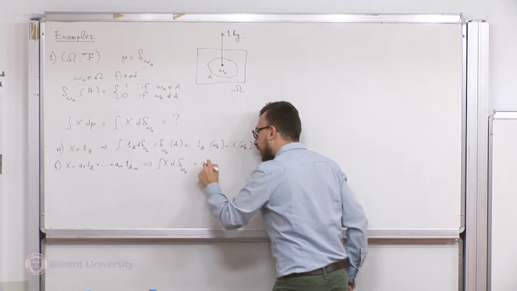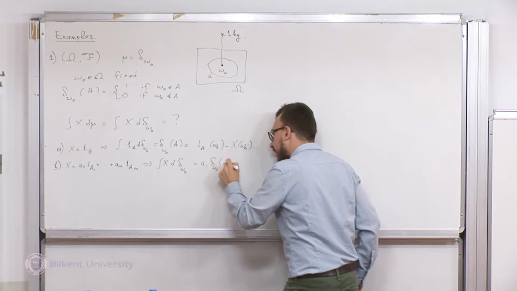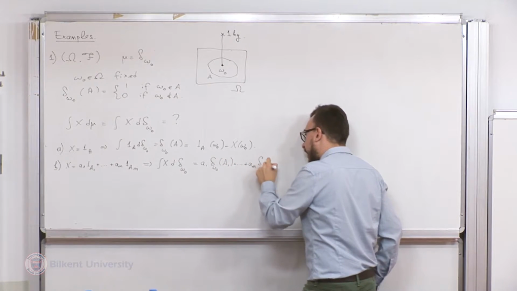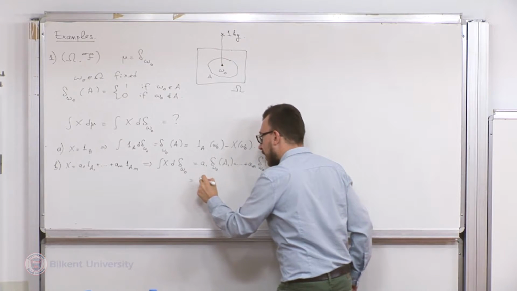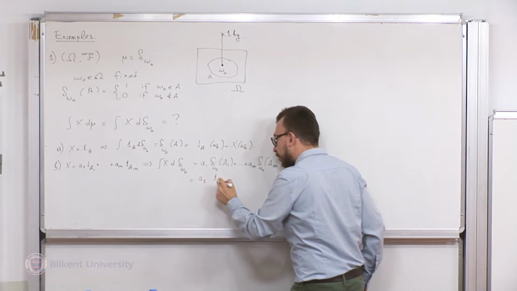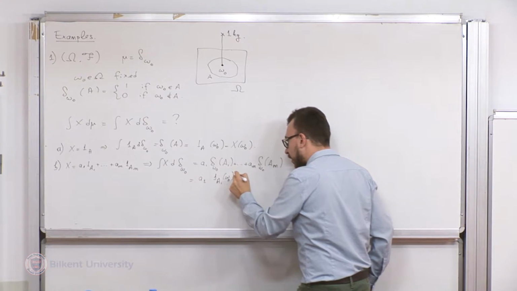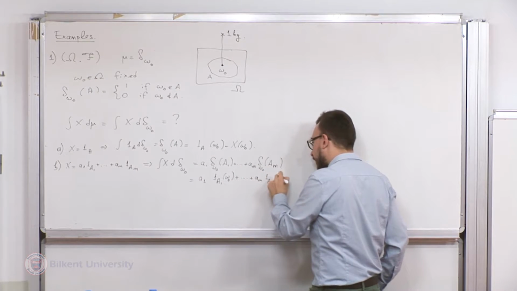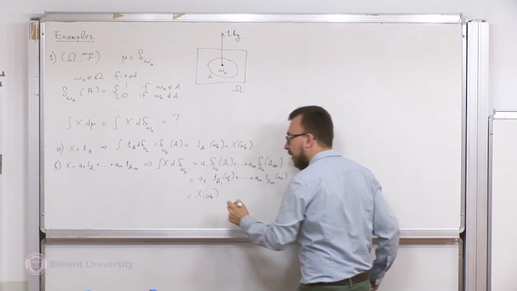It's going to be a1 Dirac at A1 plus and so on up to am Dirac at AM. And this is simply equal to a1 times the indicator of A1 at omega 0 plus and so on up to am times the indicator of AM at omega 0. Therefore, this is equal to x of omega 0 again.